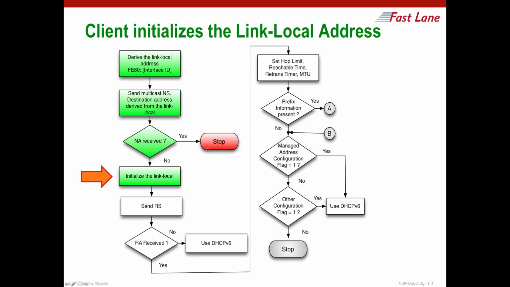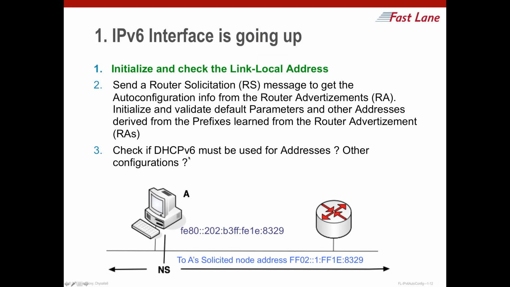If the link local address is not verified, the interface is deactivated for IPv6. It will not be enabled for IPv6. If the link local address is valid, then it is initialized and we can go to the next level.